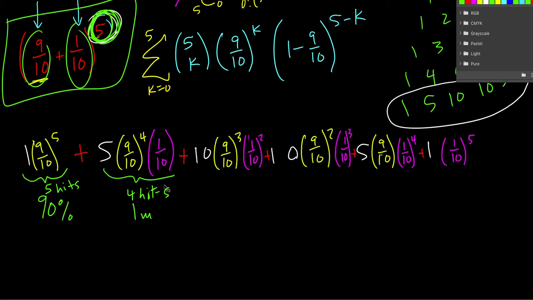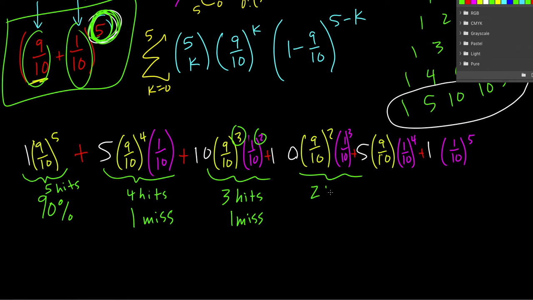All right. Hold on. My pen's being weird. Okay. 1 miss. So this 3, this 2. So the yellow tells us that there's 3 hits, 1 miss.